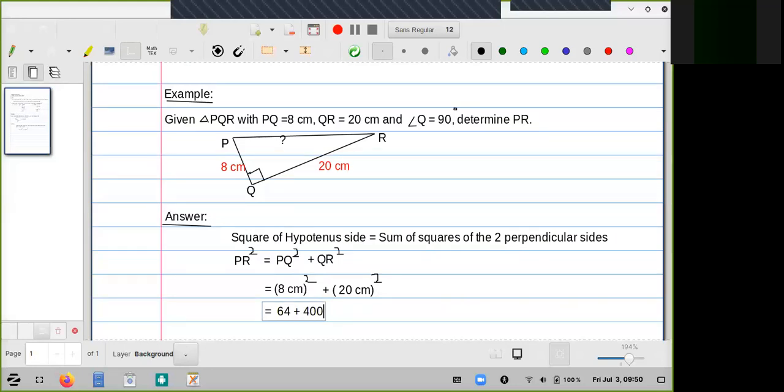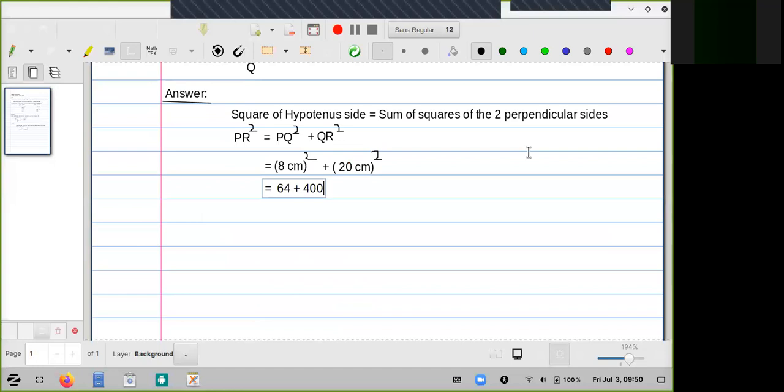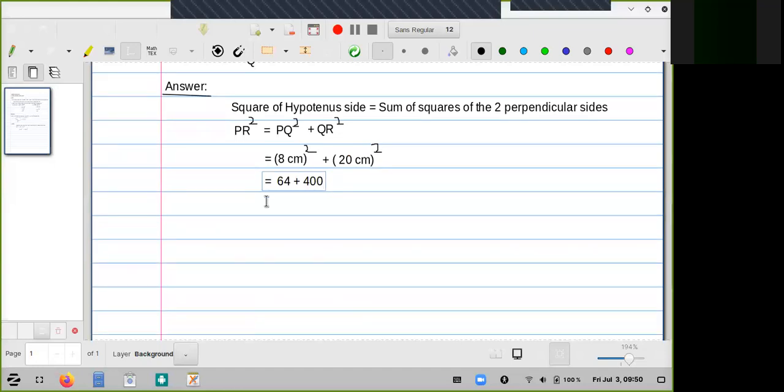Then from there, simplifying 64 plus 400, we are going to come up with 464. Now, so what it now means is we are saying PR squared is equals to 464. That's what it means, right?